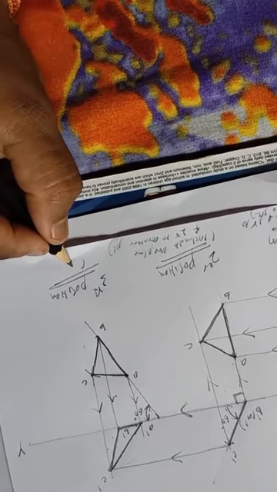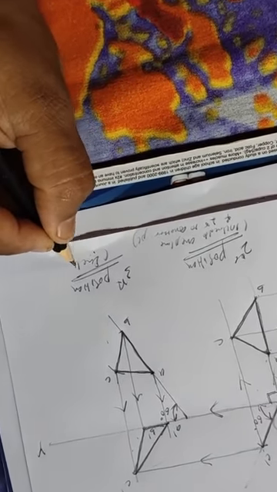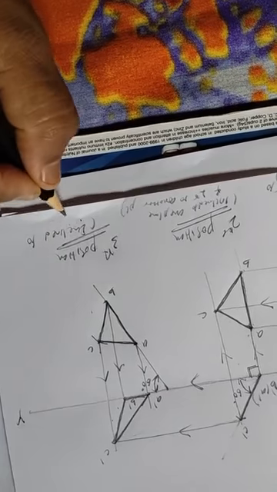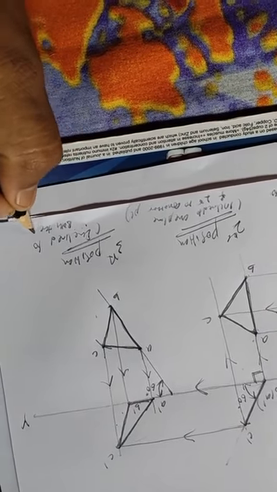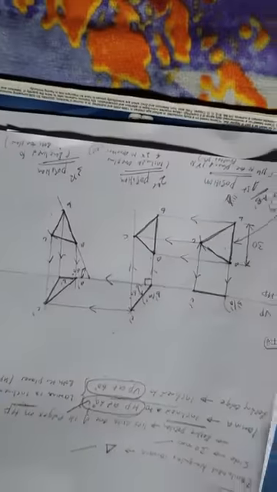In the third position, the lamina is inclined to both the planes. Remember this, and also remember the procedure, the steps to remember.